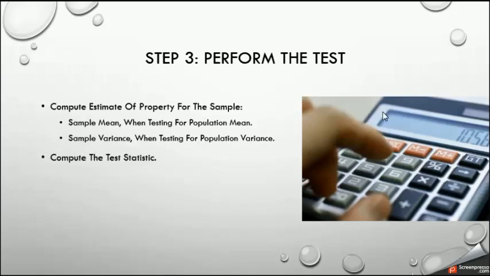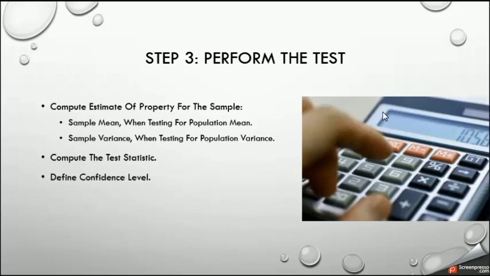These steps we are going to see later in this course. For example, one step is to compute the test statistic. The test statistic is a methodology to perform the test of hypothesis and to conclude the result. We will look later at how to use the test statistic.